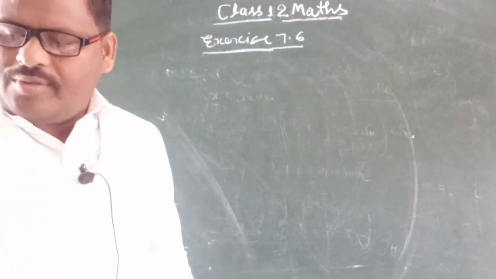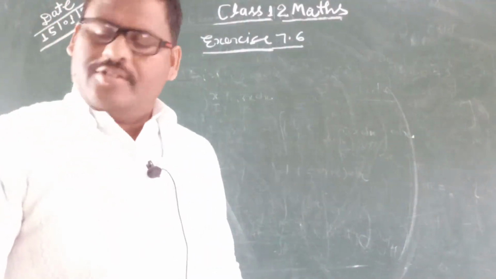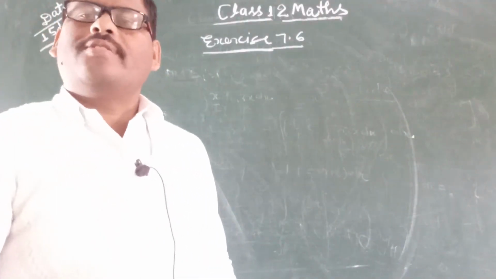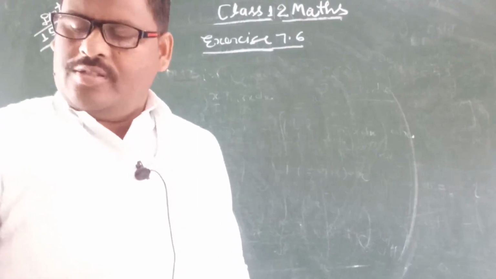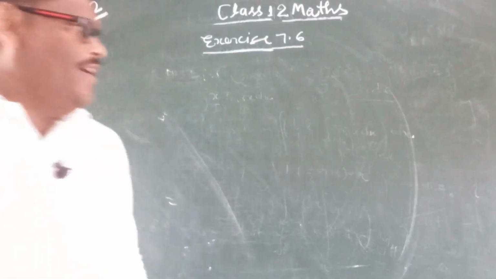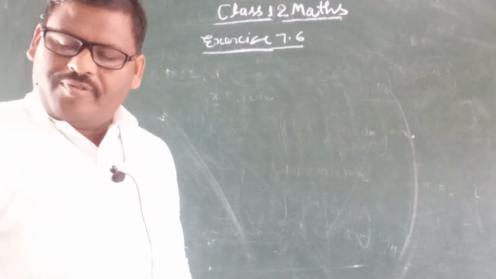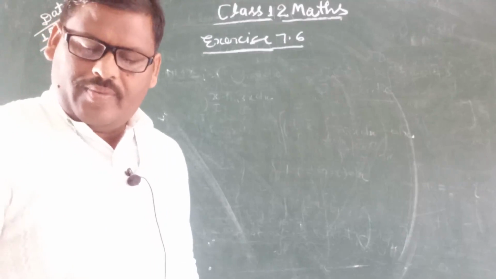Similarly, we can solve question number 4, x log x, which is also a product of two functions. x is an algebraic function and log x is a logarithmic function. L comes before A, therefore log x may be the first function and x the second function.